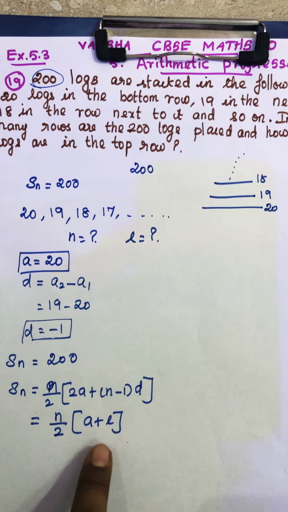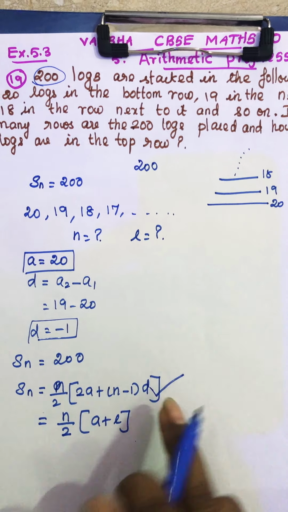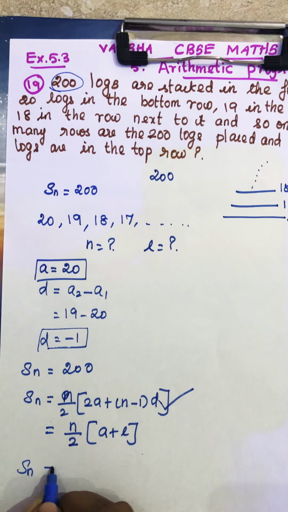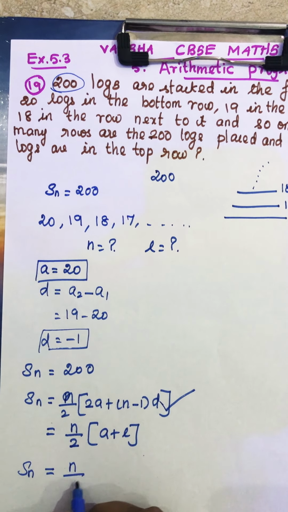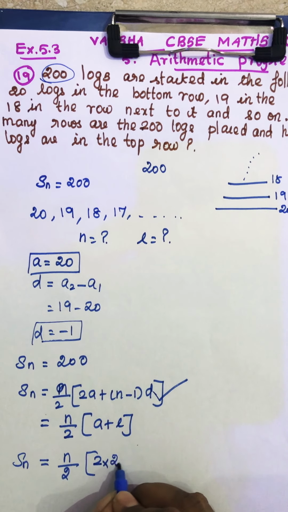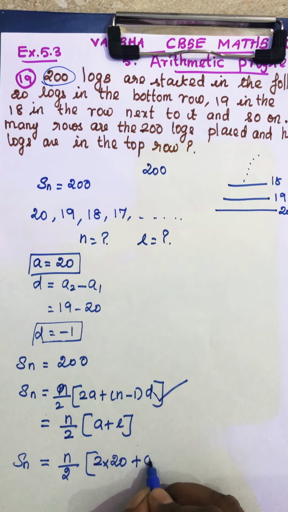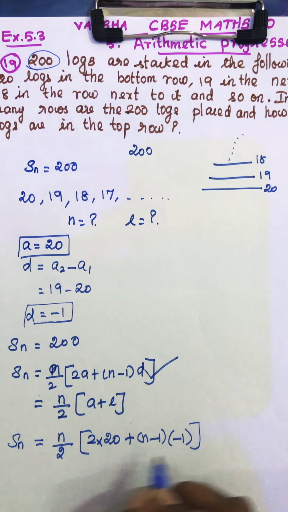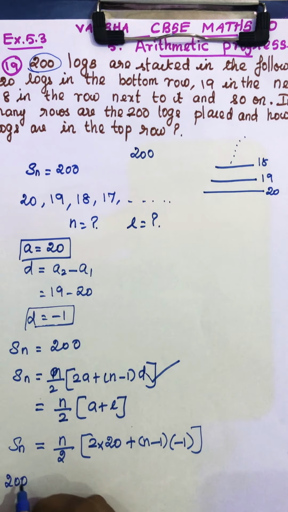The last value is not given, so we can use the first formula. Now substitute. We don't know n. So 2 into a, a is 20, plus n minus 1, d is minus 1. Sn is 200.